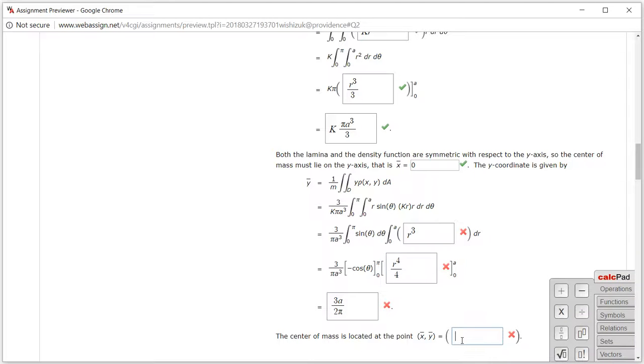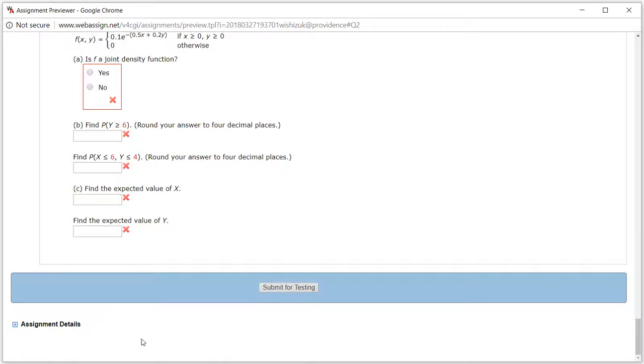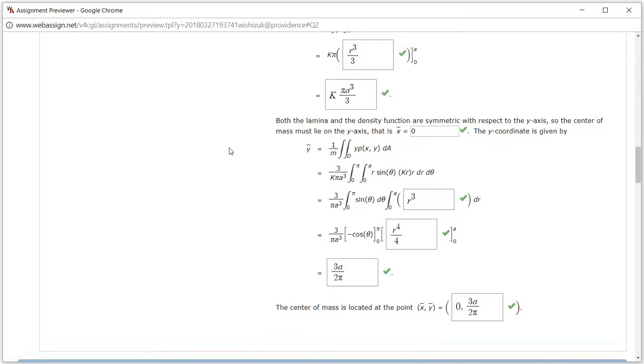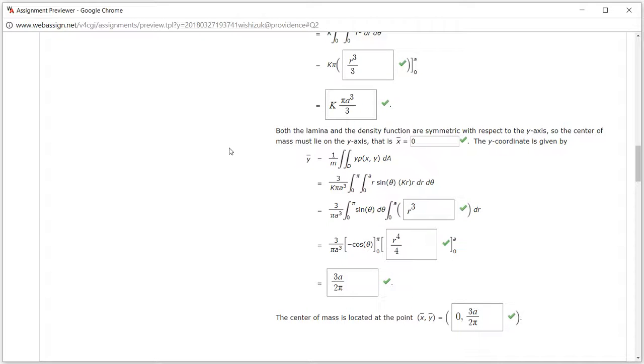So it's going to be 3a over 2 pi. Let's check the answer. Submit for testing. It came back and looks like we got everything correctly. That's it. I hope that this was clear.